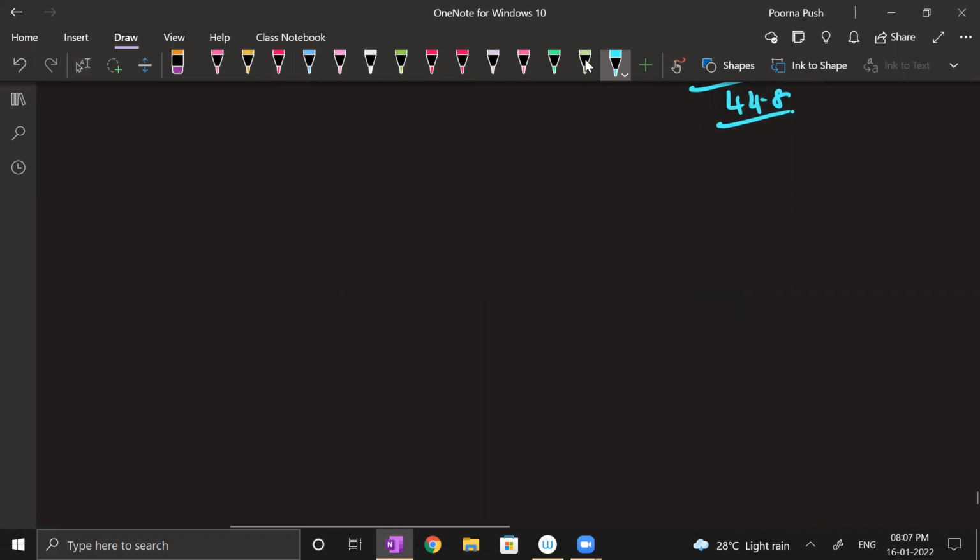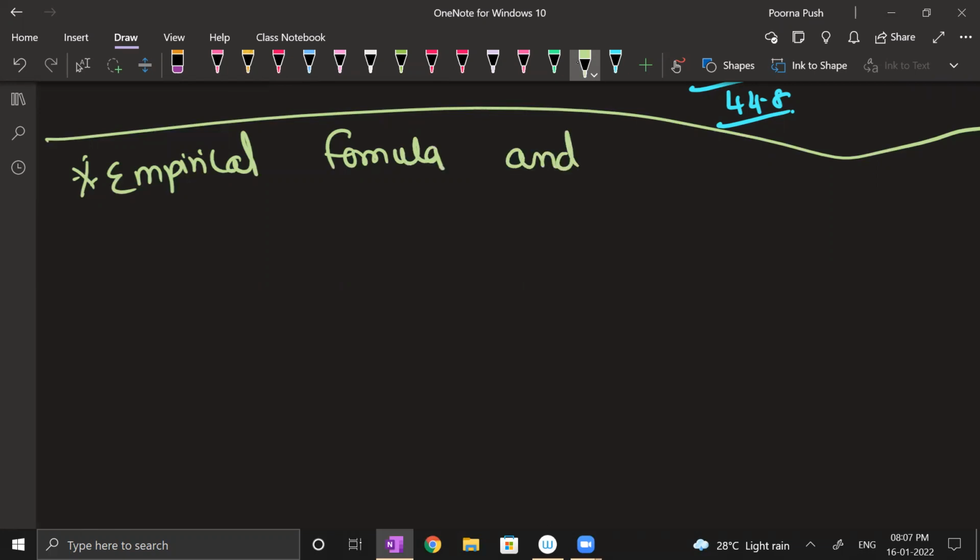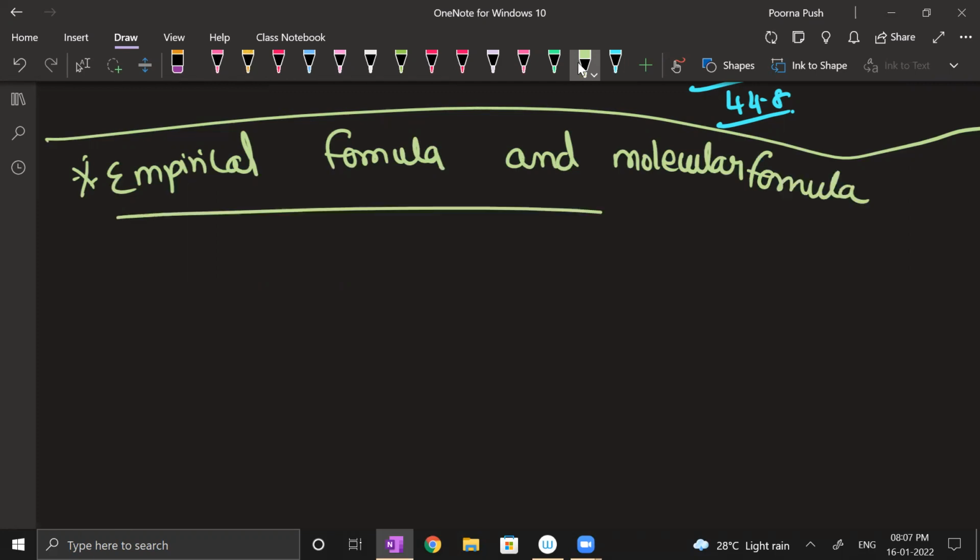Next, the short question: empirical formula and molecular formula. So what is the empirical formula? It is the simplest formula.